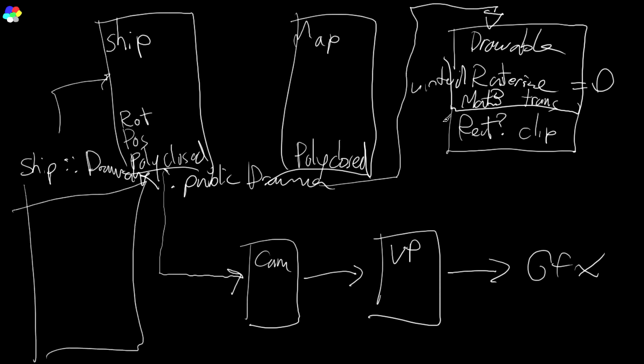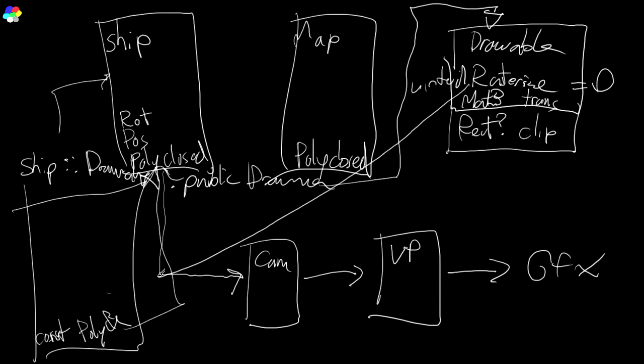And ShipDrawable is going to have a constant polyclosed reference, so it's going to have a reference to the model data for drawing, and it's going to implement the rasterize function.